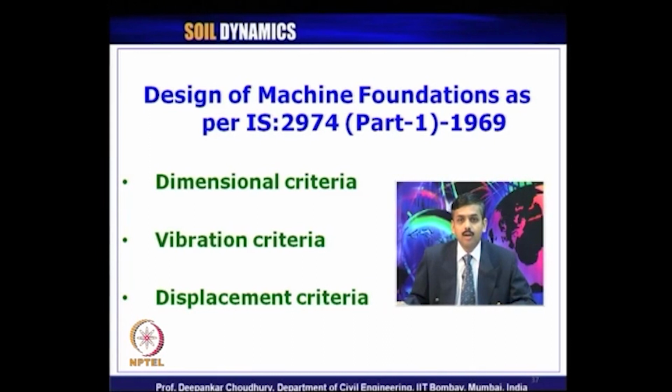One is called dimensional criteria, another one is called vibration criteria and the third one is called displacement criteria. So, these are the 3 major criteria which need to be checked when we are going to design a machine foundation as per IS 2974.